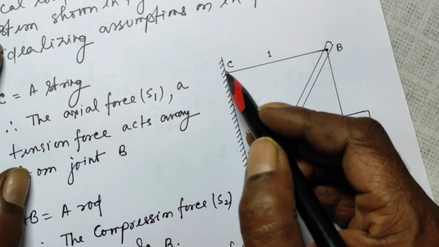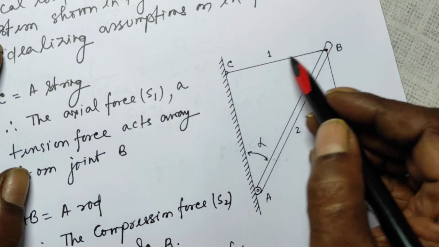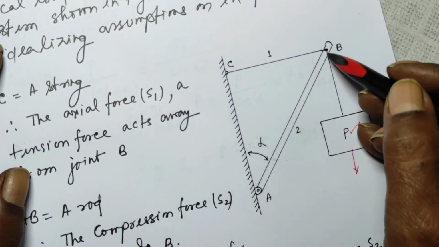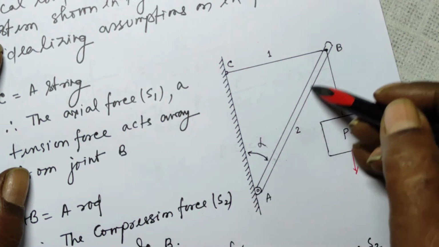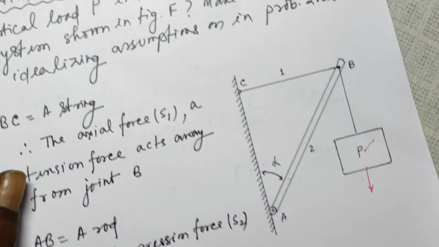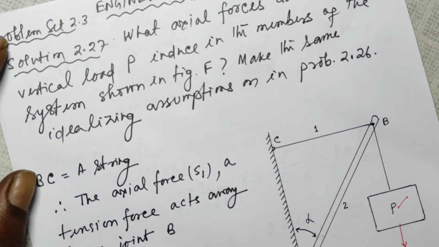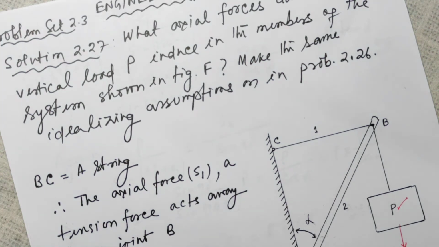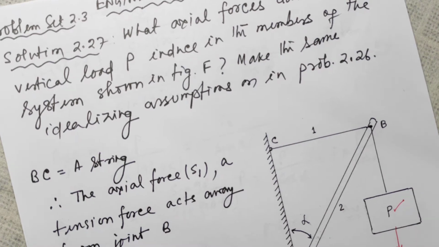The system consists of a flexible string, and this is a massless rod AB. Make the same idealizing assumptions as in problem 2.26. In 2.26, the assumptions were the rod was massless and the string was flexible.